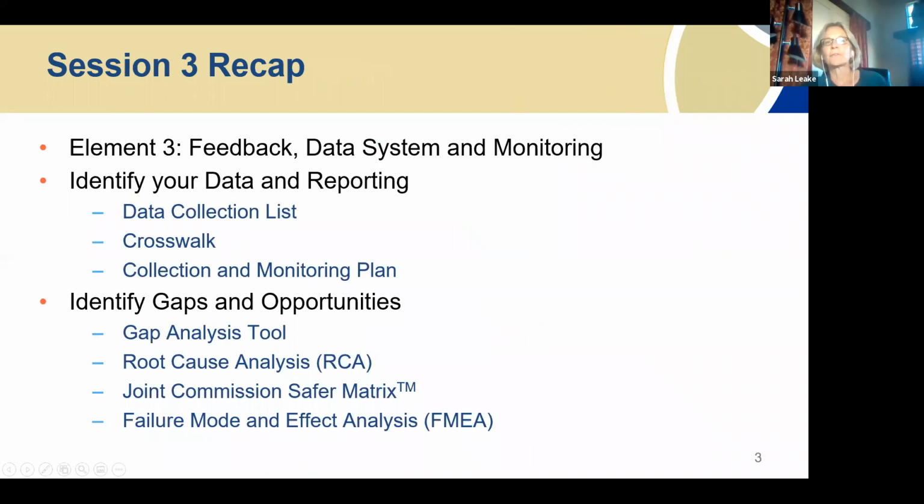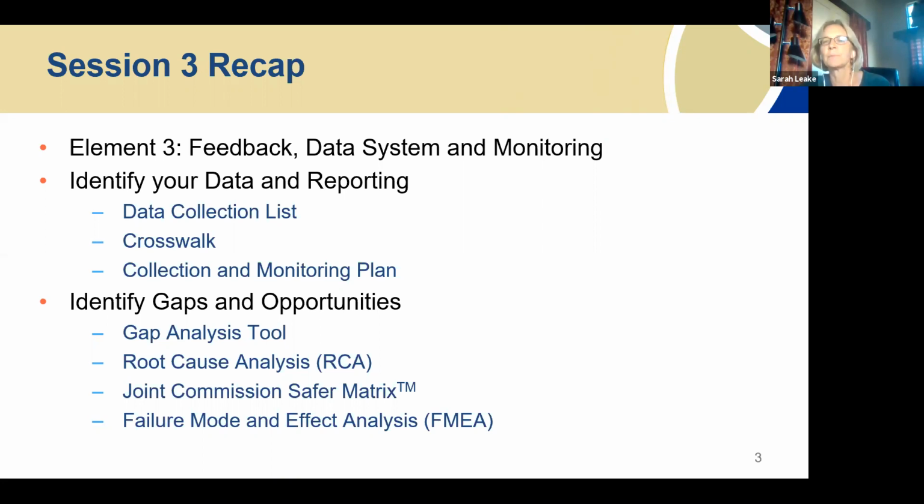So during the third session on October 28th, we looked at the feedback, data systems, and monitoring. I kind of wanted to just recap a little bit on that. During the session, Alana Jarman addressed why, what, and the methods you can use to identify your required data and for reporting. At the same time, you can also look at other important data that's beneficial to your quality.